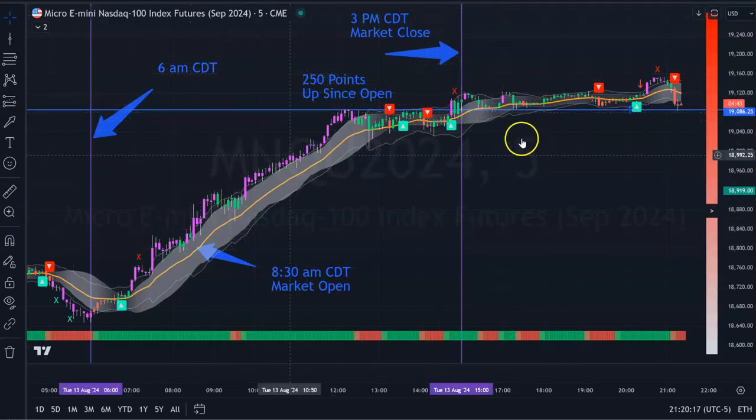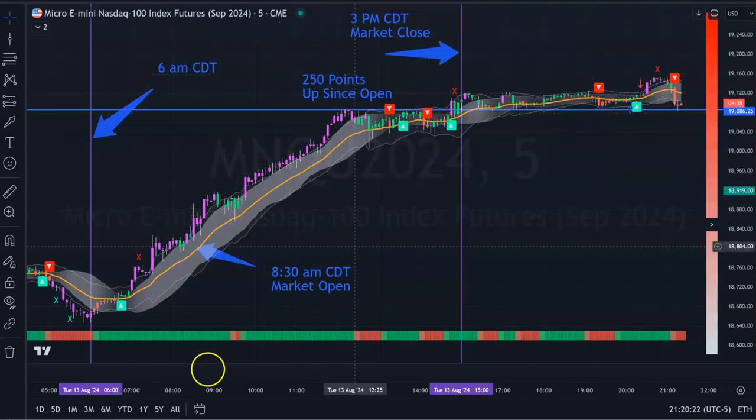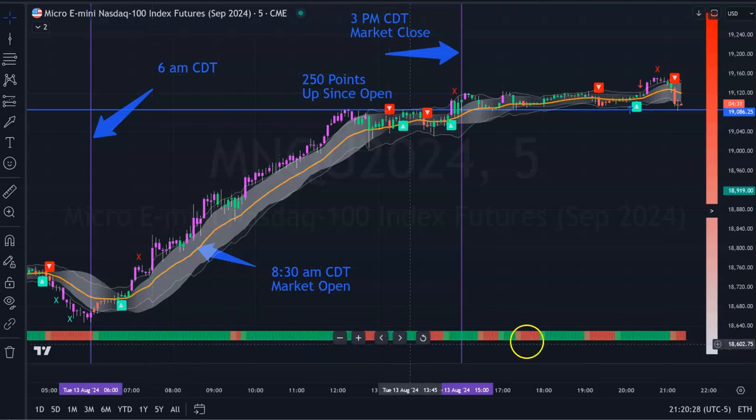This is what a day's worth of trading looks like on this 5-minute chart. But you'll also notice I do have my AccuTrader.net system on. The green and red indicator here. Here is the other indicator with the cloud in the back. This is our baseline.